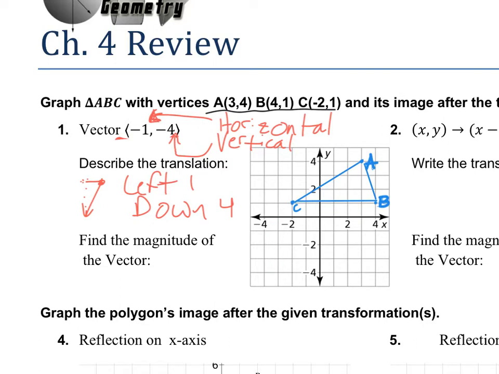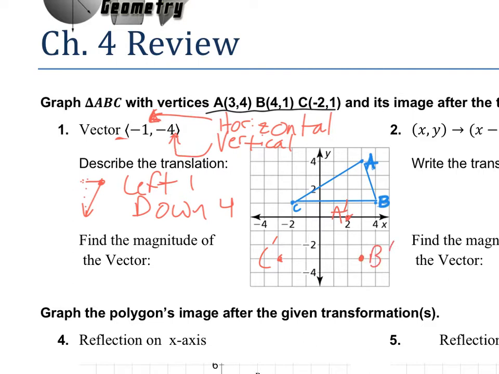We're going to end up right there, and that'll be C prime. A is going to move left 1, down 4. It's going to end up right here, and that's going to be A prime. And B, left 1, down 4, is going to end up down here, B prime.